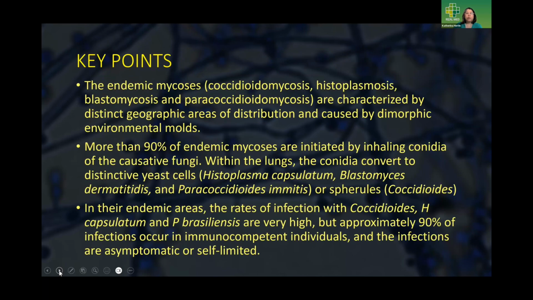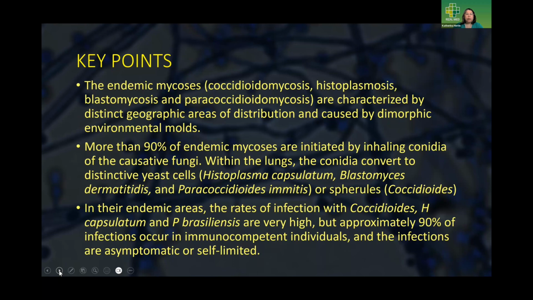Key points in part 3 of this lecture are: the endemic mycoses are characterized by distinct geographic areas of distribution and caused by dimorphic environmental molds. More than 90% begin by inhalation of conidia, and within the lungs, they are converted to distinctive yeast cells.